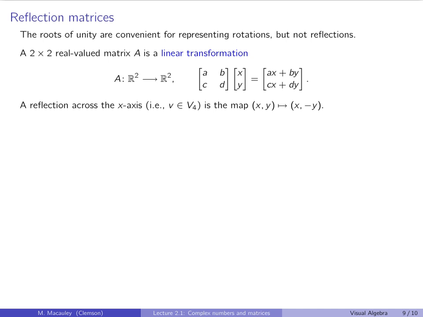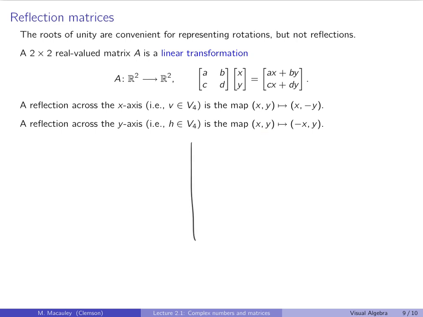A reflection across the x-axis, which we can think about as a vertical reflection, a little preview, is the map that just sends (x, y) to (x, negative y). A reflection across the y-axis, which we think of as a horizontal reflection, is the map sending (x, y) to (negative x, y).